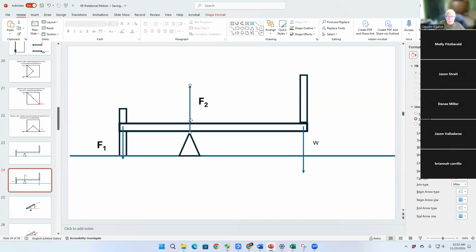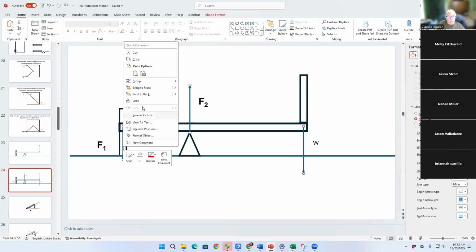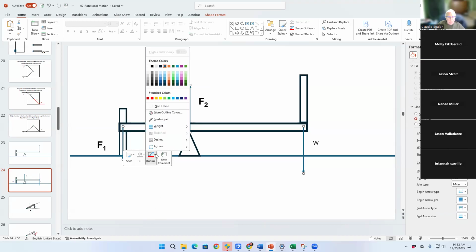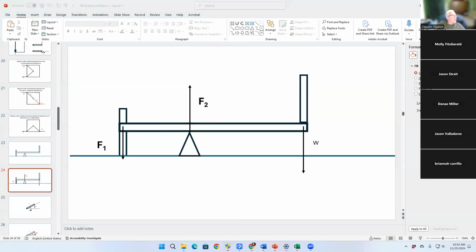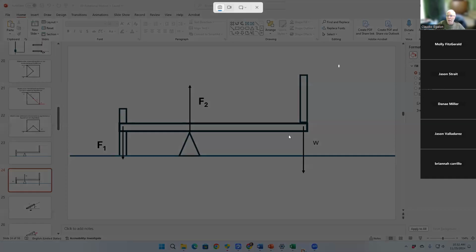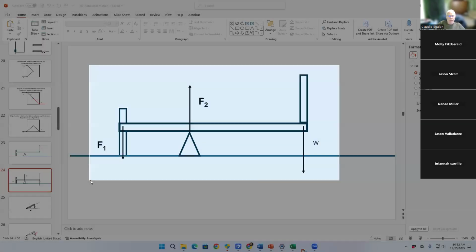I want all those forces to be black in color. Bring to the front, right here. Okay, so those are the forces that we have. So free body diagram for a rigid body. This is a free body diagram for a rigid body. Like that.